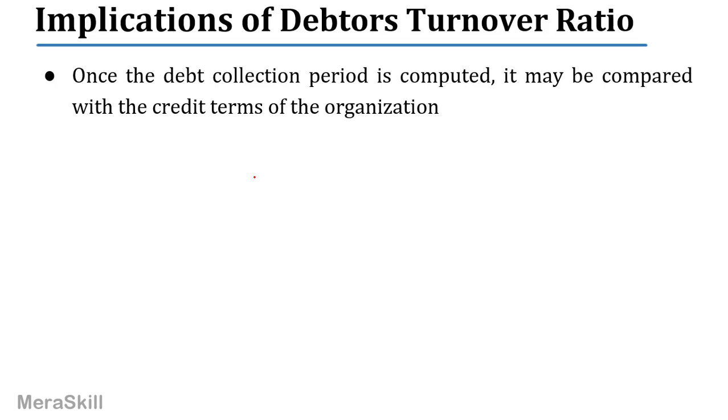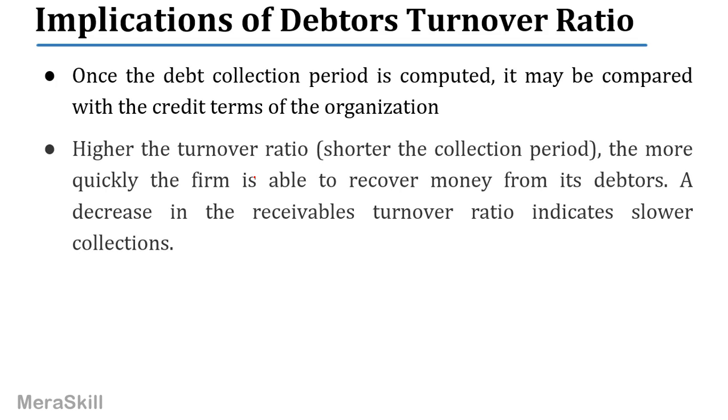Once the debt collection period is computed, again you can compare it with the credit terms of the organization. So when we look at the average, if we get something like a debt collection period of 4 months or a debtors turnover of 3, then we look at what is the standard and what were our credit terms. We normally have said that we would give 2 months credit on an average.